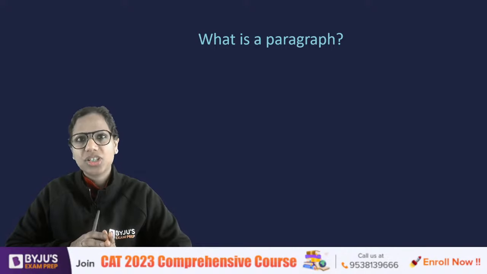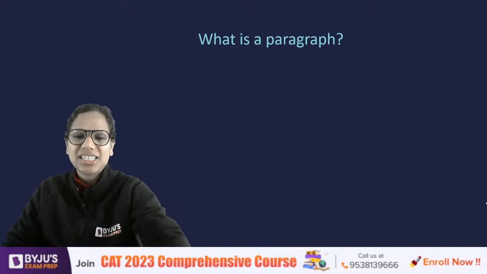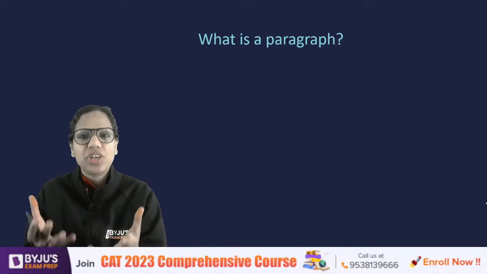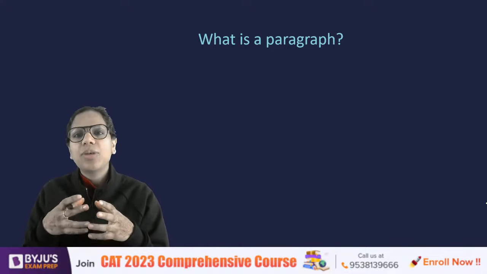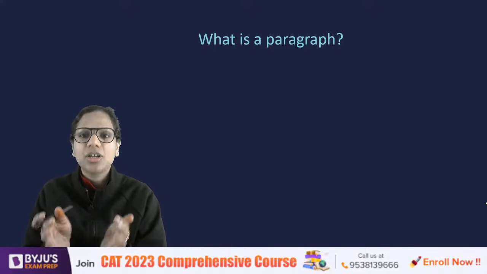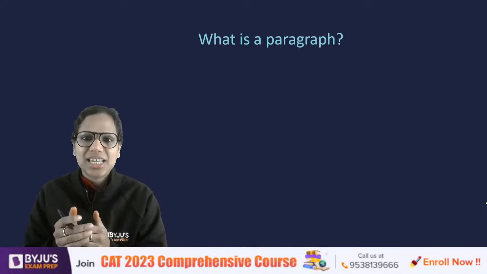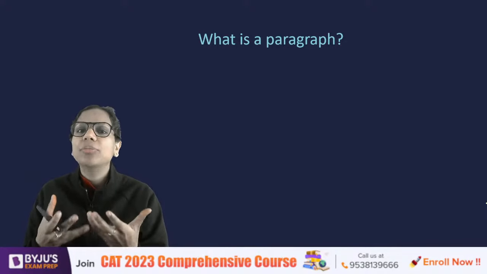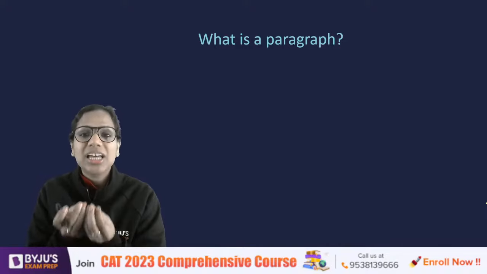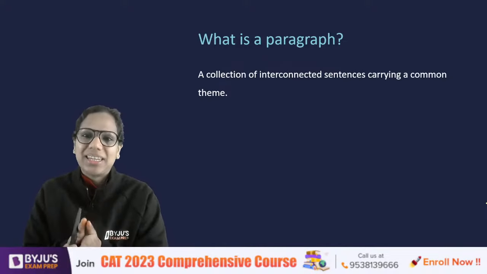A group of words that forms a sentence. I'm talking about a paragraph. So these are interconnected sentences. Yeah, they are connected to each other in some way. In what way are they connected to each other? They usually talk about some common thing, isn't it? So a paragraph is a group of interconnected sentences. In what way are they interconnected? They talk about some common thing, a common theme, right? And that is why we've put them in one single paragraph.